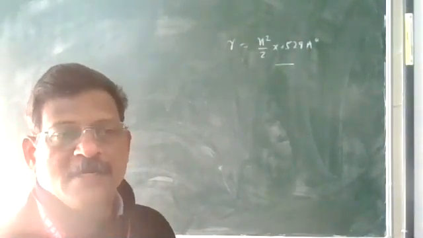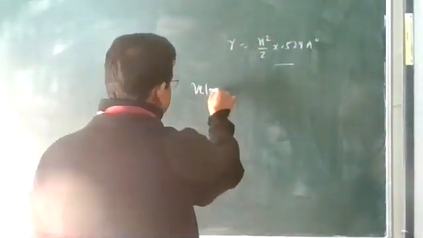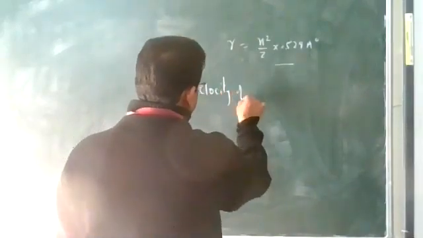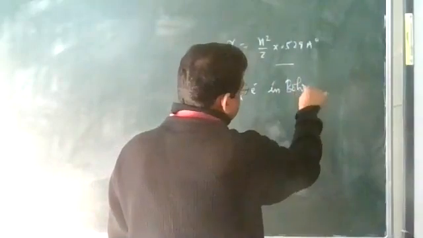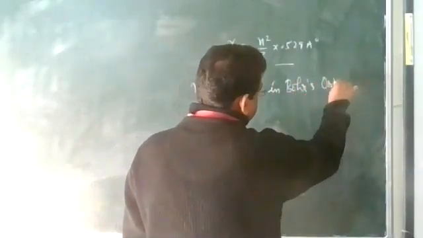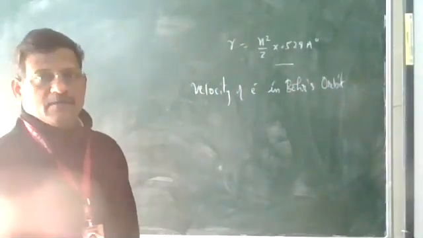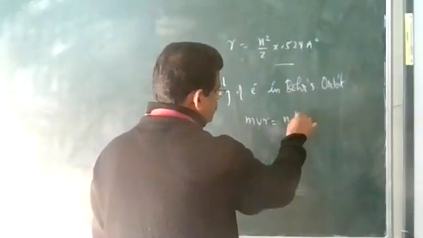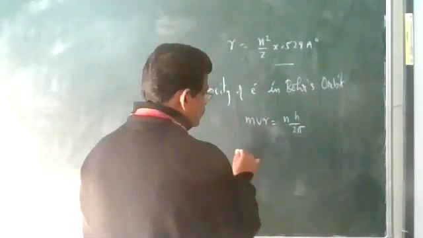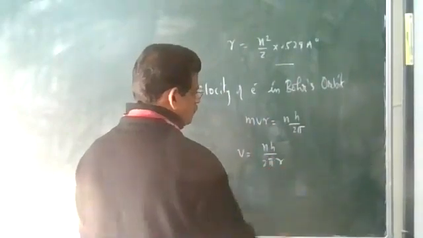So the second part is velocity of electron in Bohr's orbits. This can be taken from the second equation, mvr equal to nh by 2 pi. So V is equal to nh divided by 2 pi r.